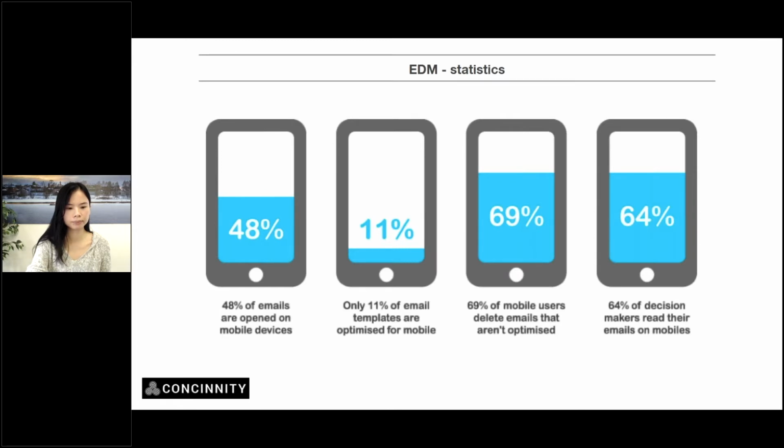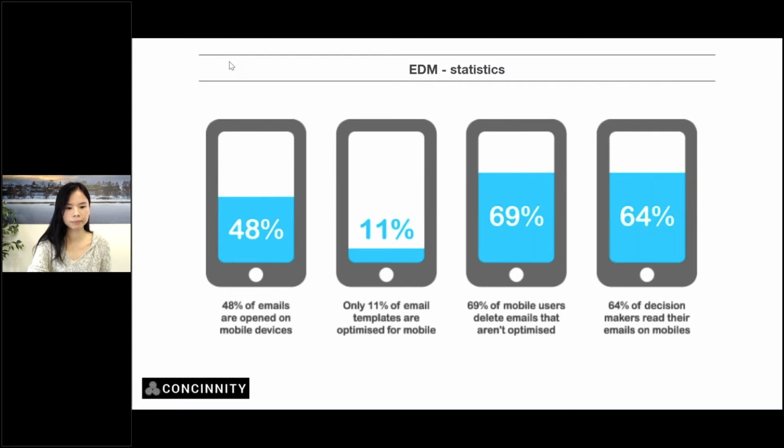Or even worse, there could be an image which never loads, and you'll be like, what did I just open, right? If that's happened to you. And a lot of times that is because of optimization. 69% of mobile users delete the emails that aren't optimized. I'm pretty sure it'll be 99% right now. No one really wants to read emails that are not optimized.